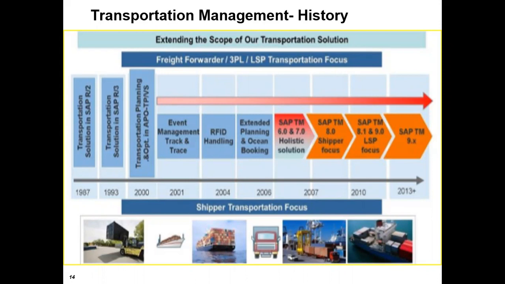Then from 2001 we introduced event management to track and trace the goods, batches, serial numbers, based on the events of particular documents like PO or scheduling agreement, contract or stock transport orders.